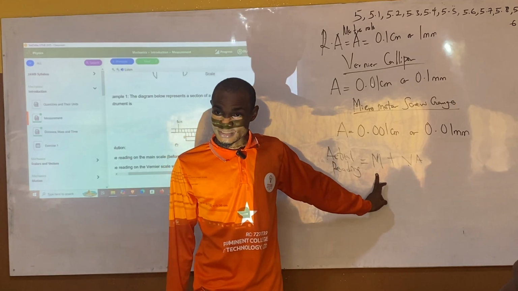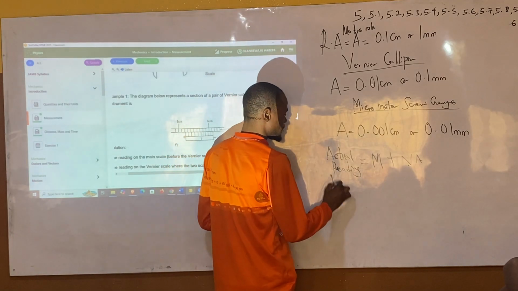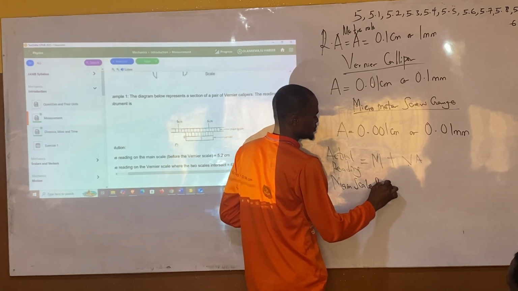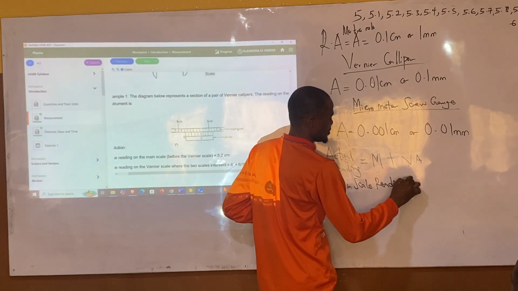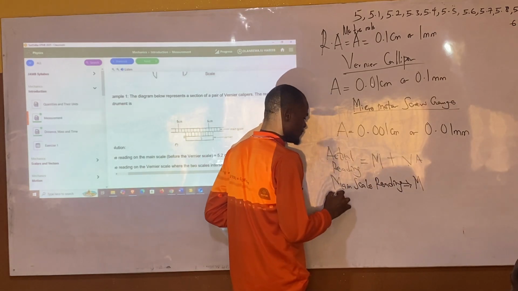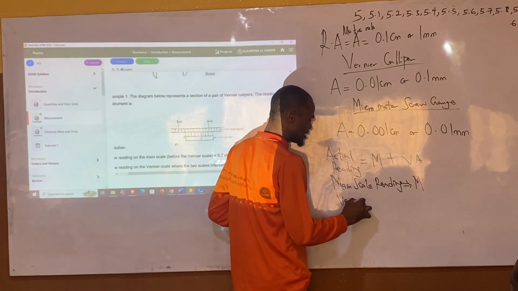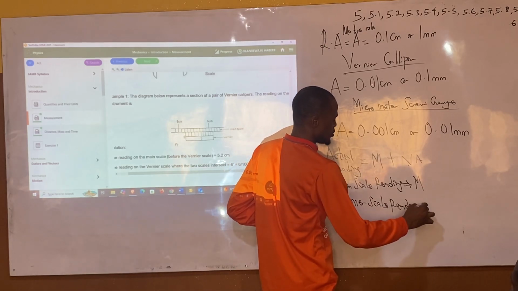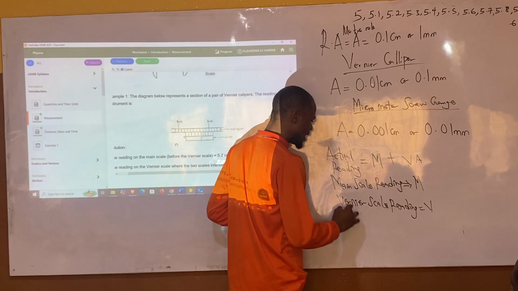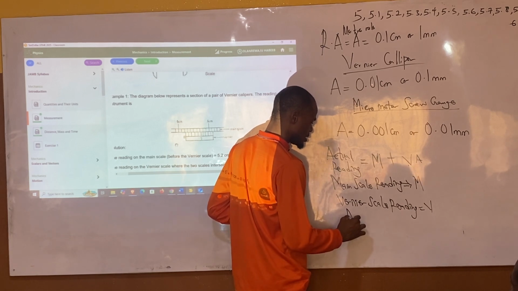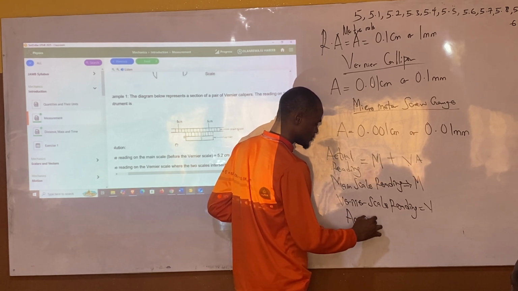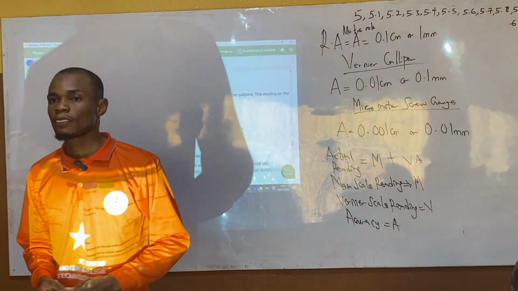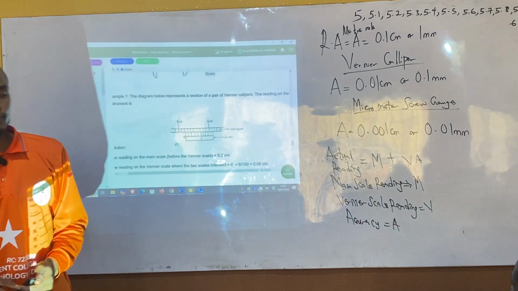M here is representing what? Main scale reading. That's capital letter M. V is vernier scale reading, capital letter V. And A is accuracy, reading accuracy, capital letter A. Am I communicating now?